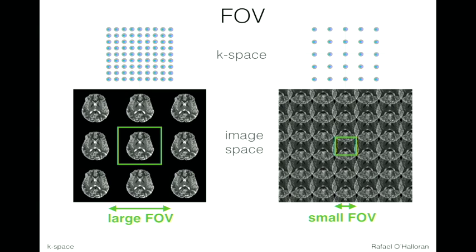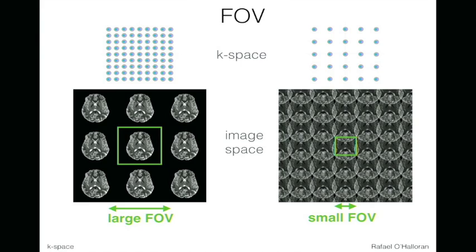So if you're talking about prescribing a field of view on the scanner, I guess the way to look at this is that when you prescribe a field of view on a scanner, what you're actually asking for is a number of measurements in the K direction, and that combined with the resolution determines this.